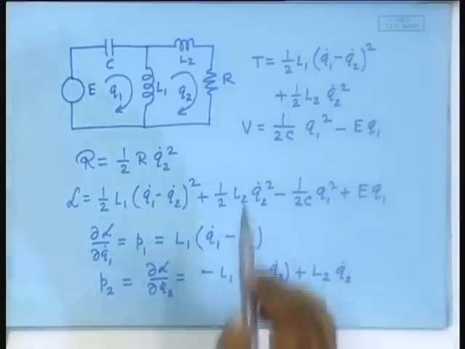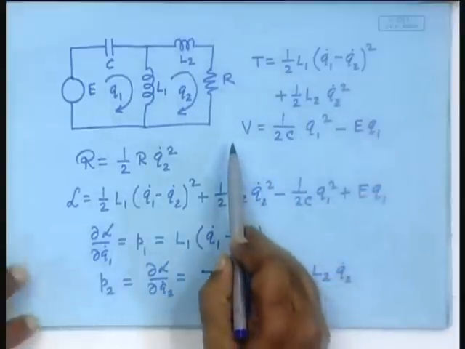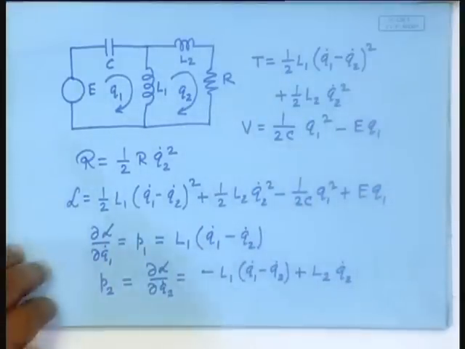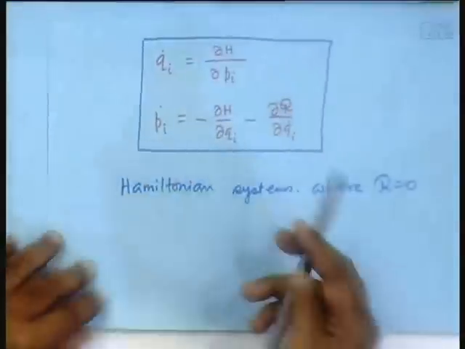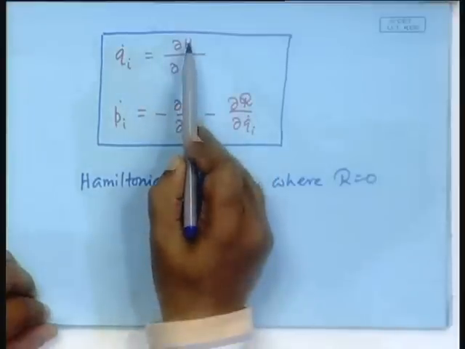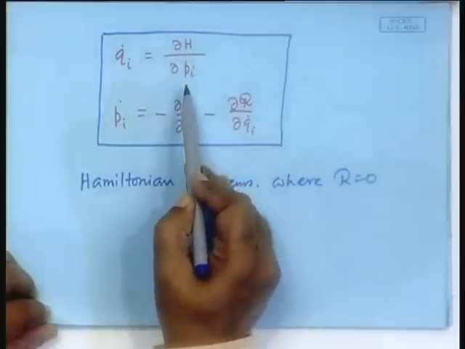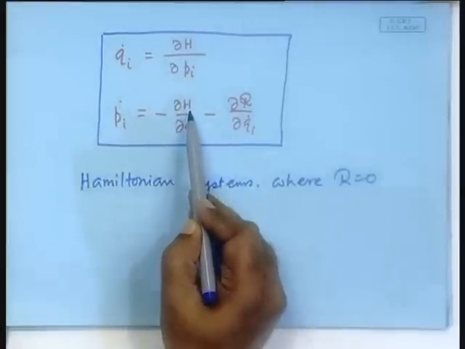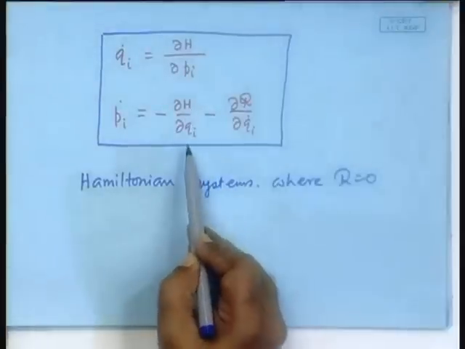Here we have already written down the T, the V, and the R. Notice that in the Hamiltonian formalism, we need to take derivatives of H with respect to Pi and with respect to Qi.